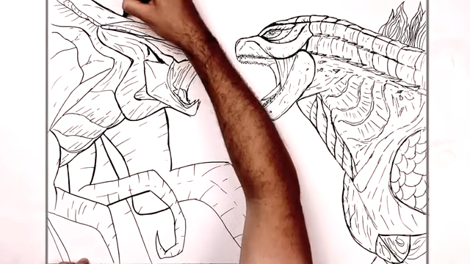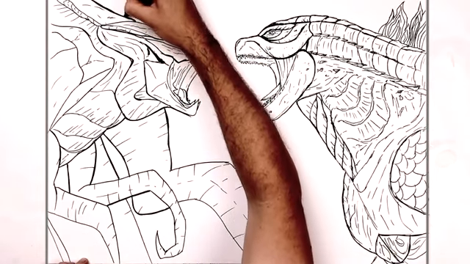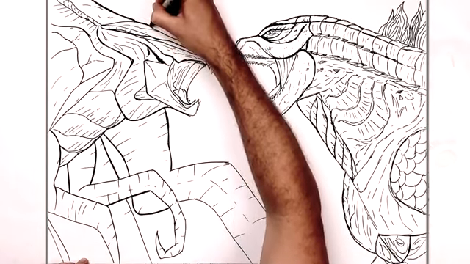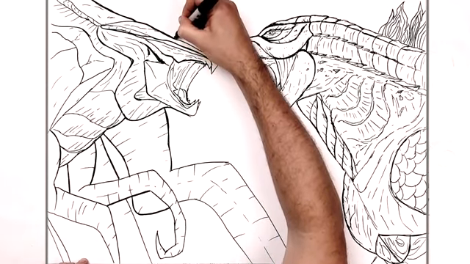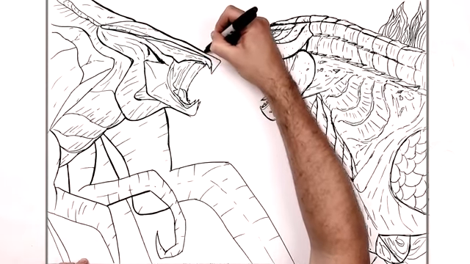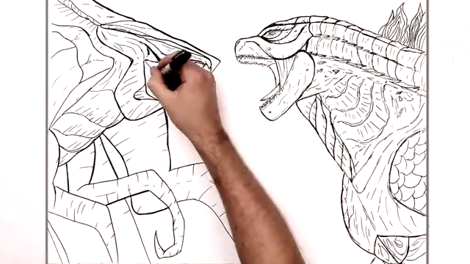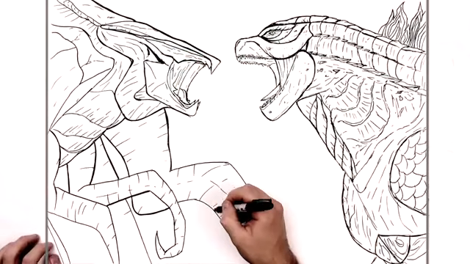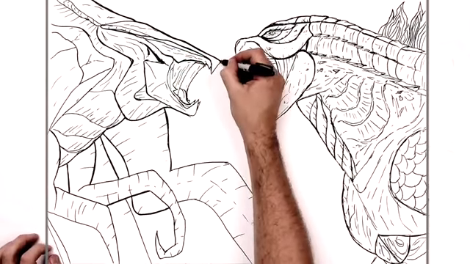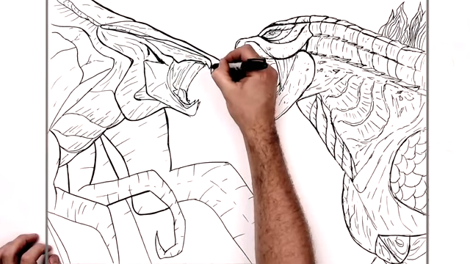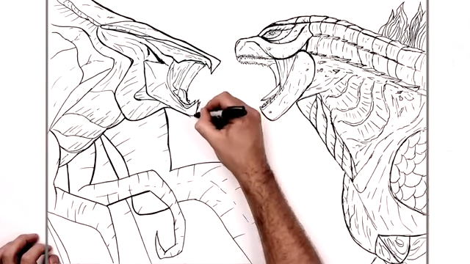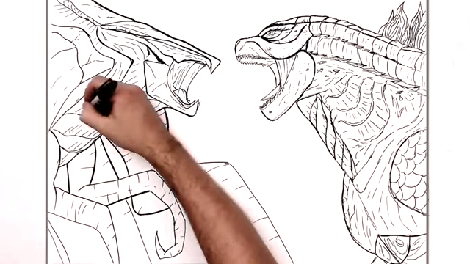I like to add extra line weight anyway to the outside edge lines. I don't know why, it makes the lines pop a bit more on the outside, and then your texture lines on the inside look a little bit smaller. So it just helps, I think, especially if you're inking.